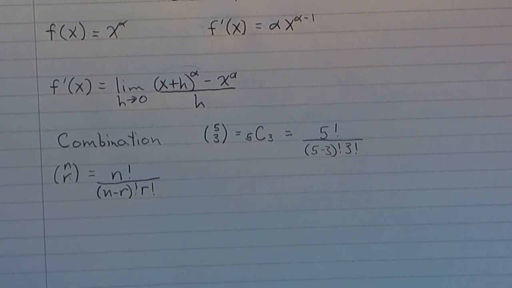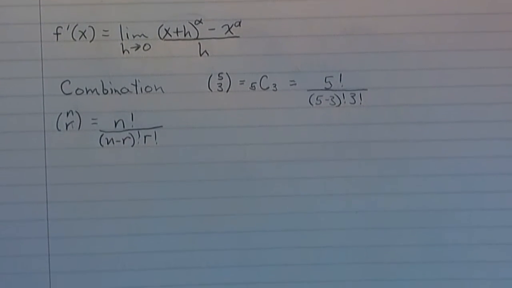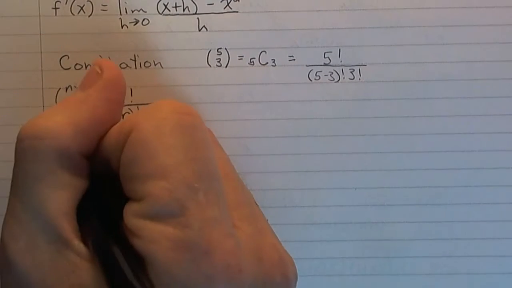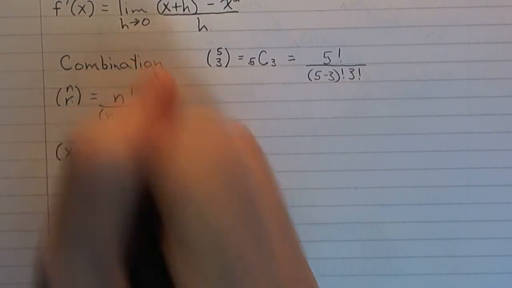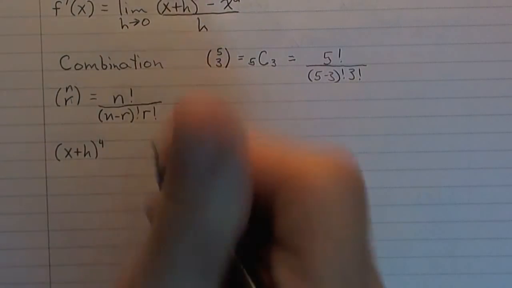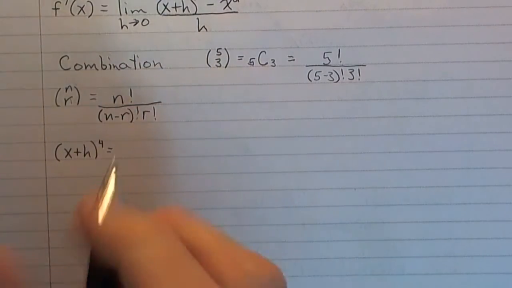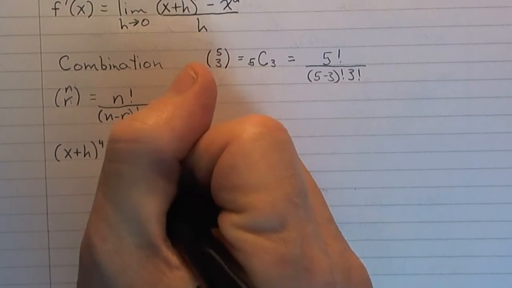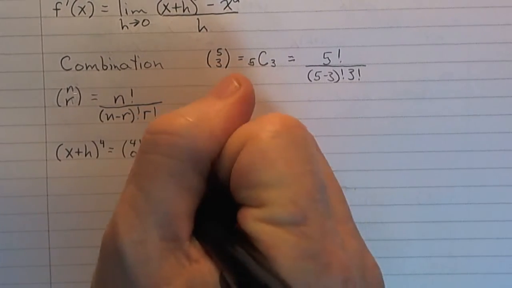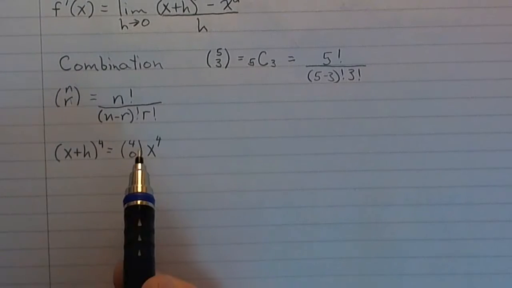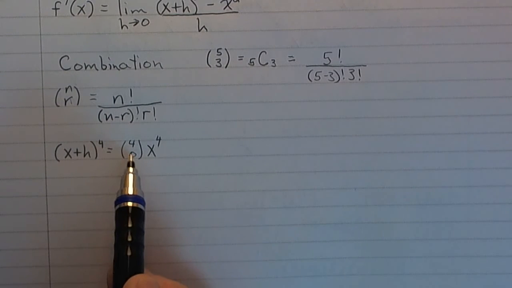Now, the binomial expansion theorem, let me show you how this works. Let's suppose we have x plus h to the 4th, for example. Well, the way we can expand this is we go like this. We go 4 things taken 0 at a time, x to the 4th. In other words, these combinations generate the coefficients.